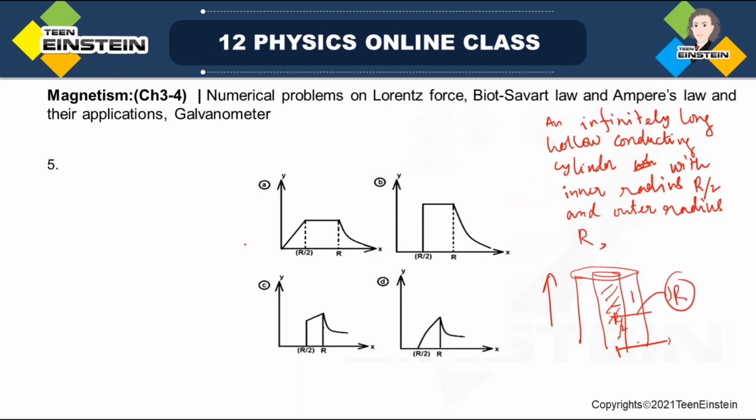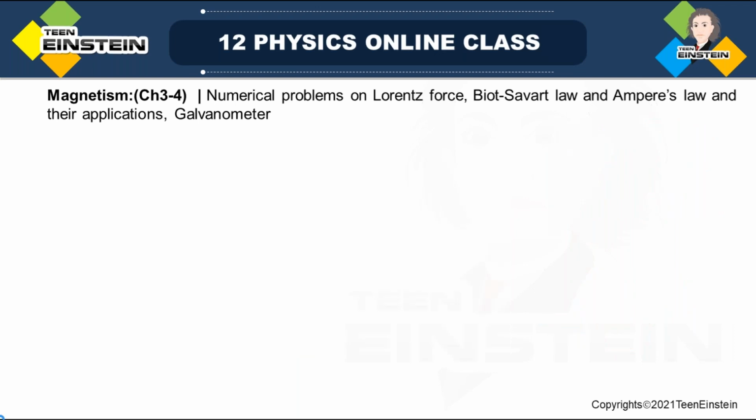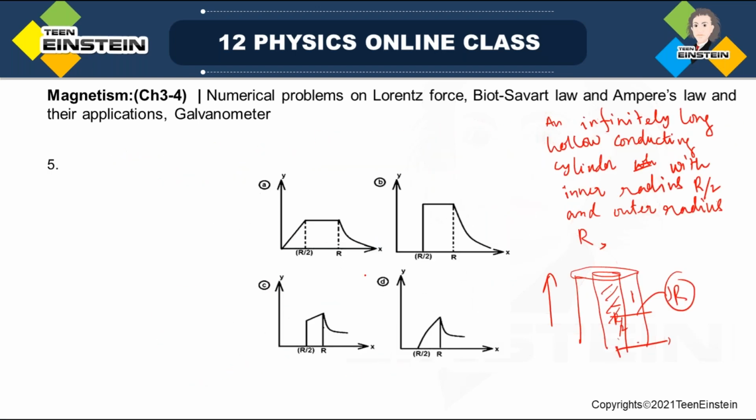That means you have to find out the magnetic field between the inner and outer radius, that region. You have to find out inside the core region.